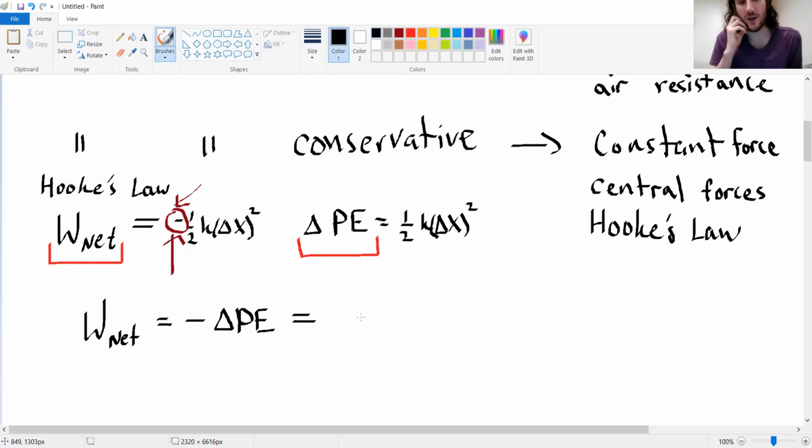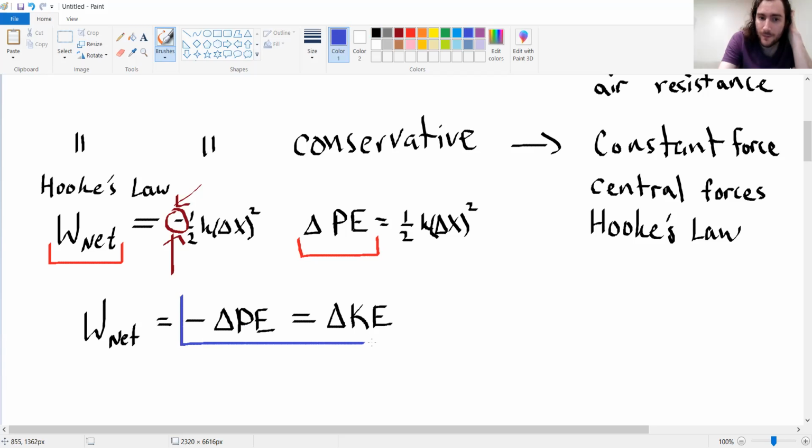And by the work energy theorem, the negative of the change in potential energy must then be equal to the change in the kinetic energy, because the net work done on any object is always equal to its change in kinetic energy. And so now we have a new formula here. And this formula is basically what we already understand.